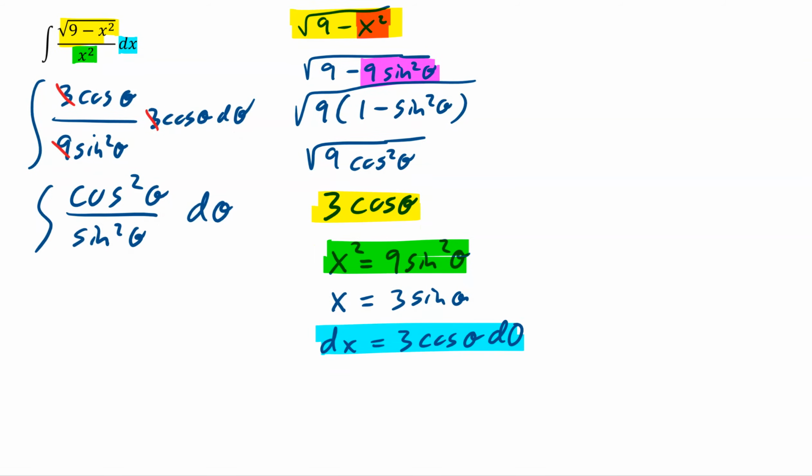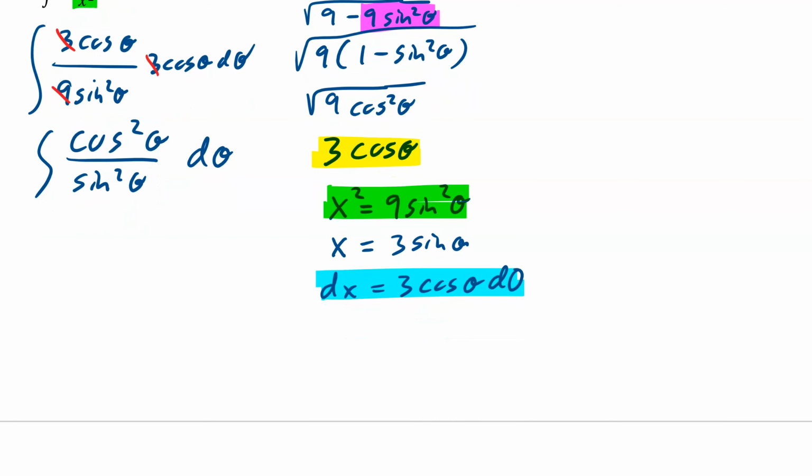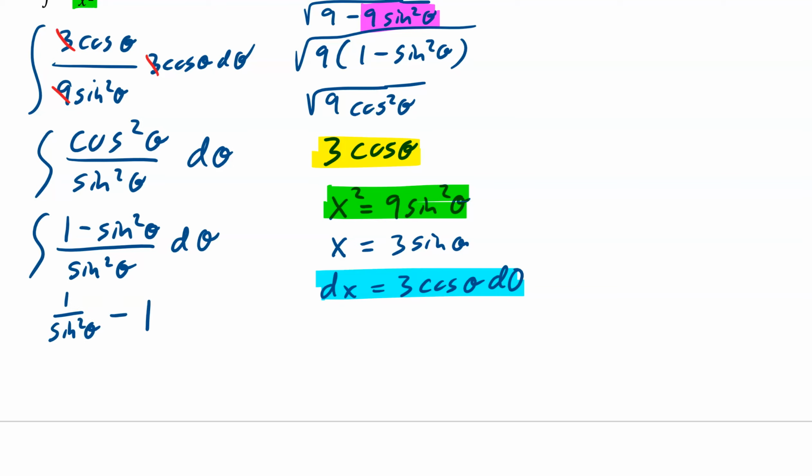And again, our goal is to get rid of that fraction. So we can convert this into cotangent squared and then convert that into secant squared theta minus 1. But I'm going to go with the standard. Let's just change our cosine into a sine. So this becomes 1 over sine squared theta minus 1.